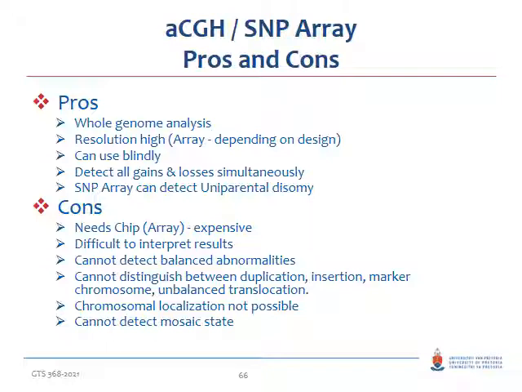It can't detect balanced abnormalities, as I mentioned, and it cannot distinguish between an insertion, a duplication, a marker chromosome, or unbalanced translocations. You can't determine the chromosome localization, so the duplication can be on a different chromosome, and it very often can't detect mosaic state.